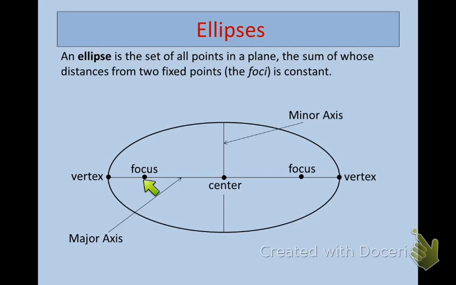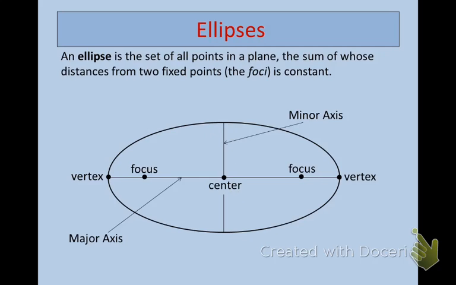But the foci are going to be somewhere in from the vertices on the major axis, and the major axis is always the longest axis, right? This is called the minor axis, and the minor axis doesn't have any vertices, it doesn't have any foci, it just has minor axis endpoints, and that's it. And then the center, of course, is right smack dab in the center.